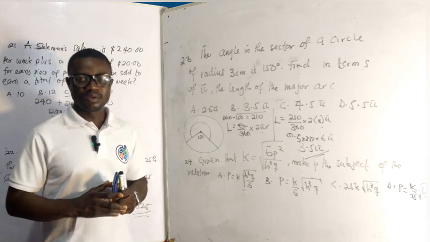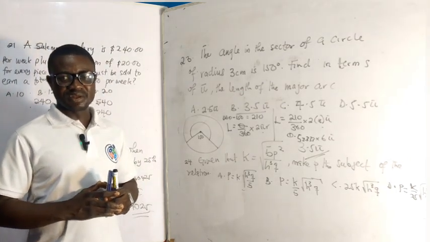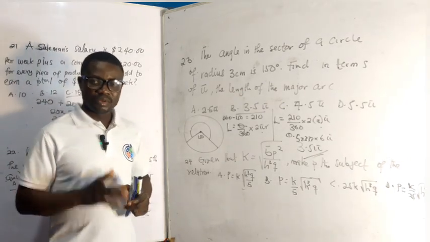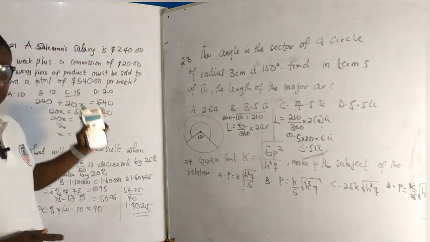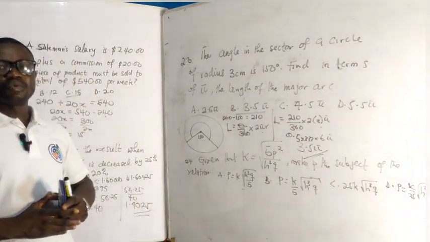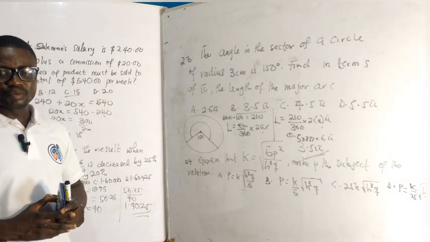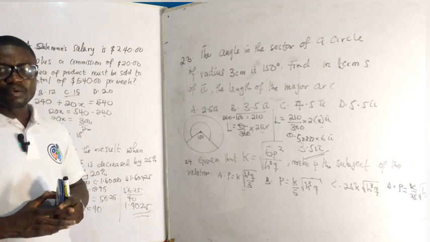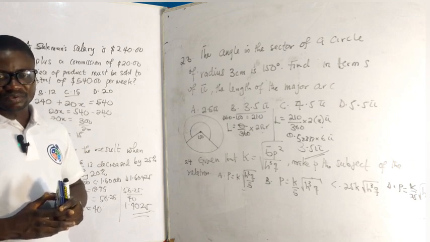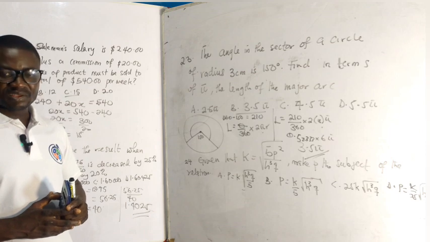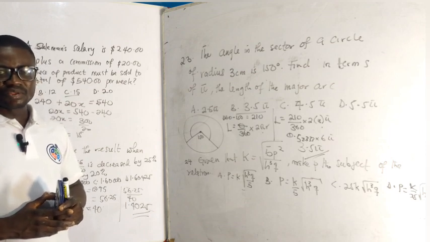Concentrate also on cone and cylinder. Also, don't forget profit and loss relating to ratio, and profit and loss relating to fractions. So this is the update I want to share with you.